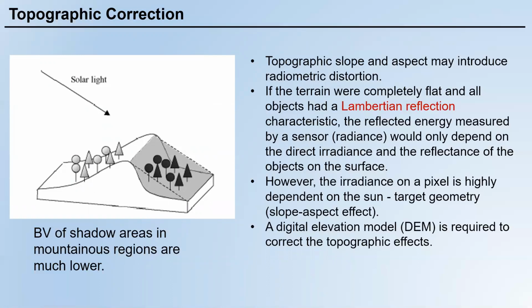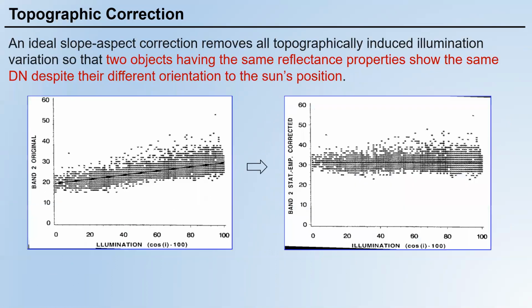So this is the correction we need to do, to make sure that no matter the slope or topographic scenario of your study area, if it is a tree, its reflectance should be the same as other trees in your scene. That's the purpose.